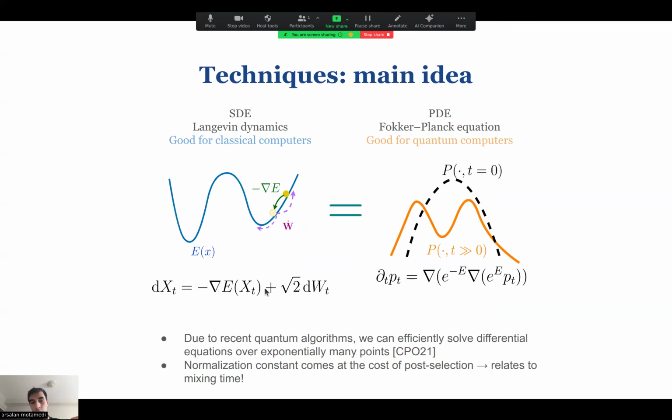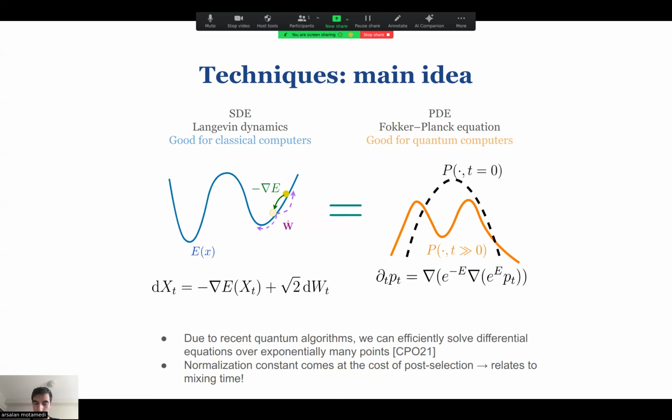Note that you don't really need to have the information about the partition function to run this stochastic differential equation. There are Monte Carlo methods developed out of the fact that this SDE achieves a Gibbs distribution at time infinity.